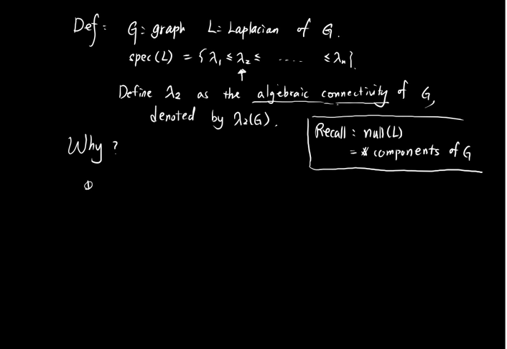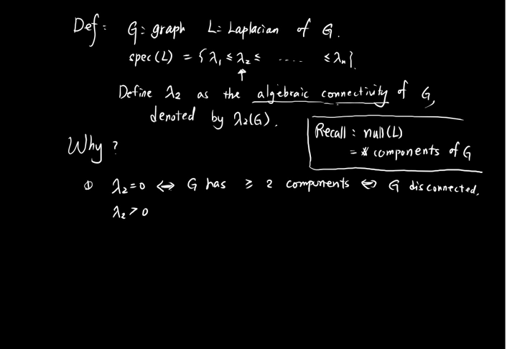Okay, so lambda 2 equal to 0 means that G has at least two connected components. And this means G is disconnected. And similarly, because this is if and only if, you can just say that lambda 2 has to be greater than 0. It is not 0, that means G has only one component.